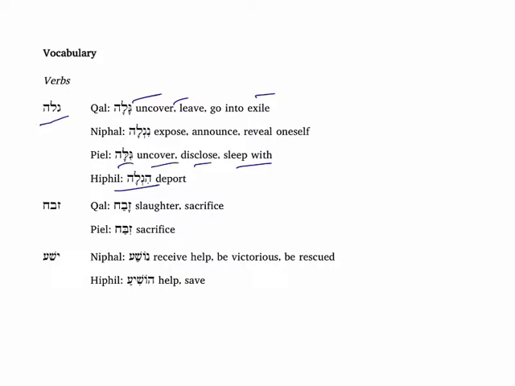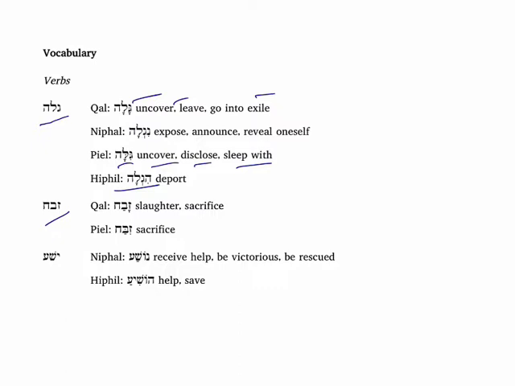So if you're wondering what the connection is, we have from Assyrian artwork that when a population was defeated in war and taken into exile, they were often marched off into exile completely naked and bound in chains to make them as helpless as possible. Next, we have zavach, which means to slaughter or to sacrifice.